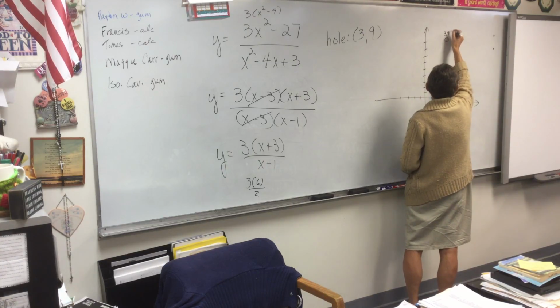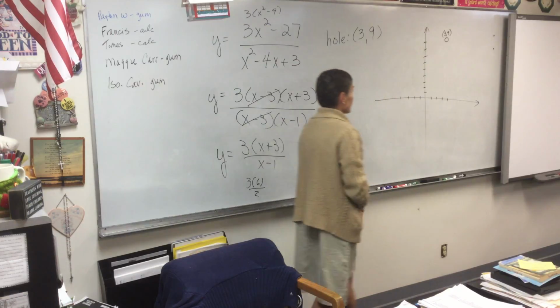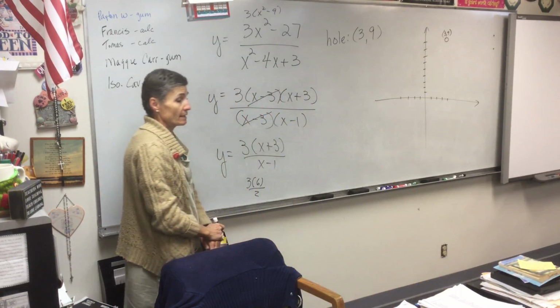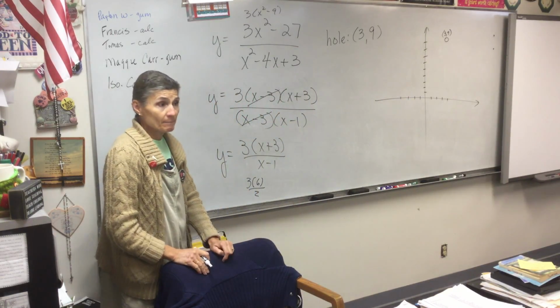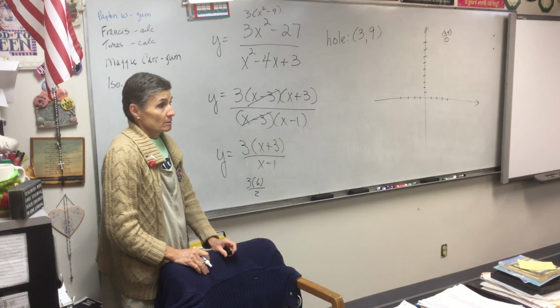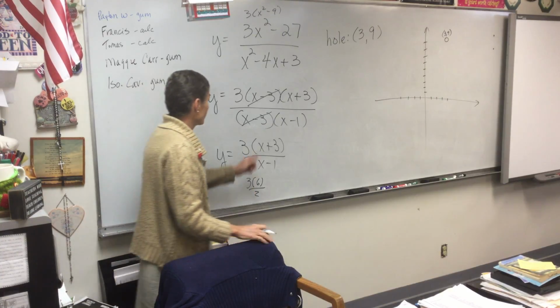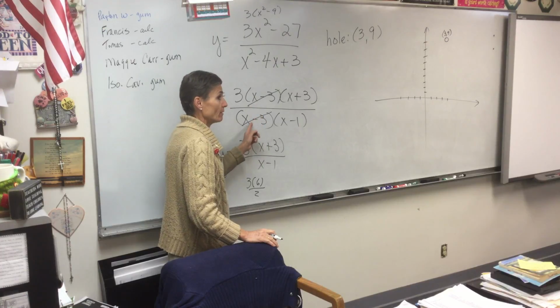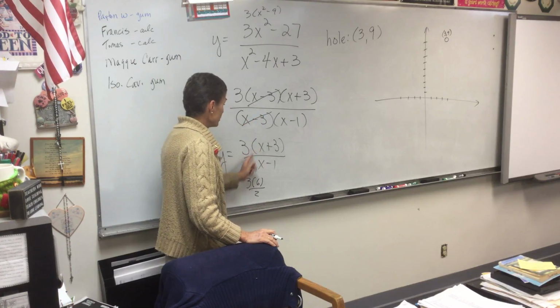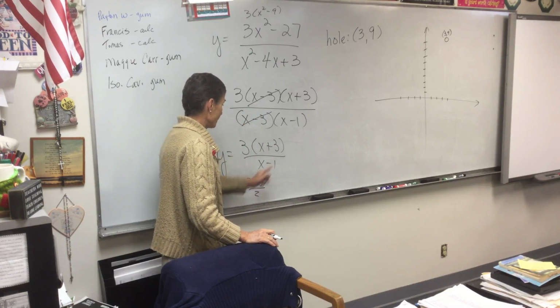So I'll label that right there, so I don't forget about it later. There's my hole at 3 comma 9. Now, does everybody remember all that? The hole is the x value is what you canceled out, and then you plug that into your new problem to get your y value.